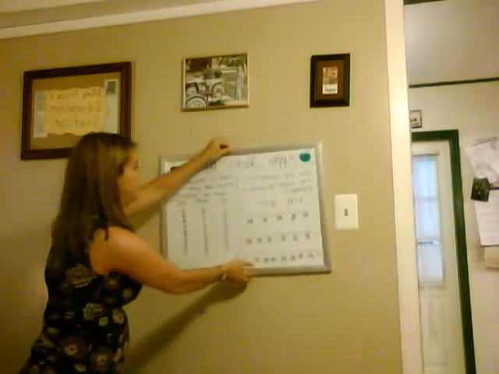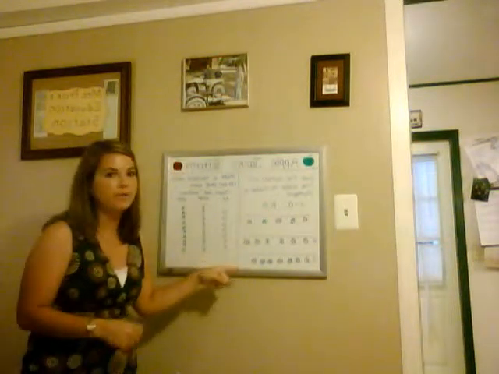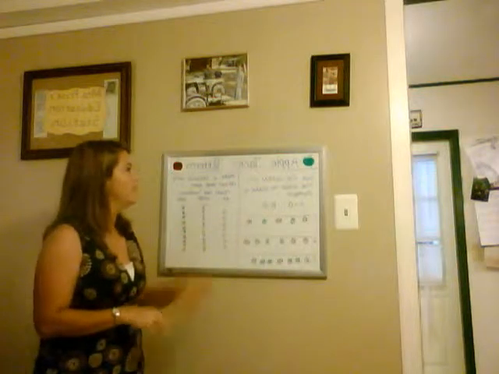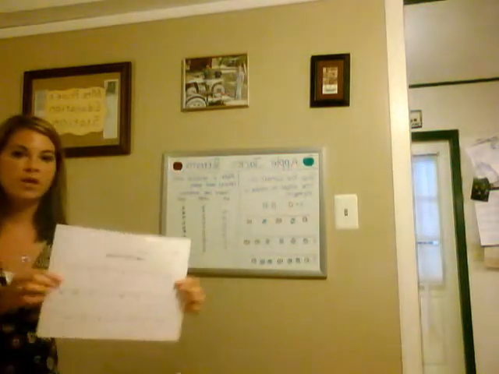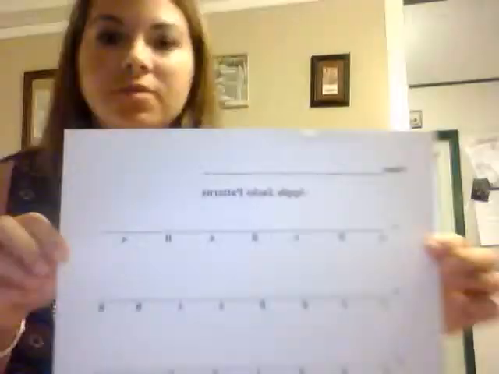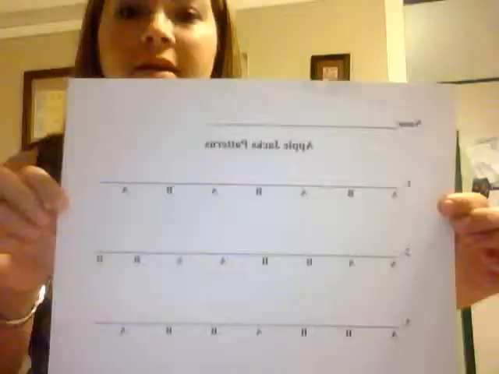For one of the centers, I chose an apple pattern for the math center, and I have a dry erase board here written out with the instructions, and this is with the Apple Jacks patterns worksheet that I have, and it has what I have written on the board for them to do: A, B, A, B, B, A, B, B, A, B, B. So they would take this cereal after looking at the board, and it shows them what to do.